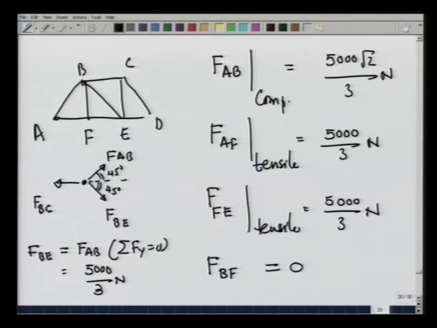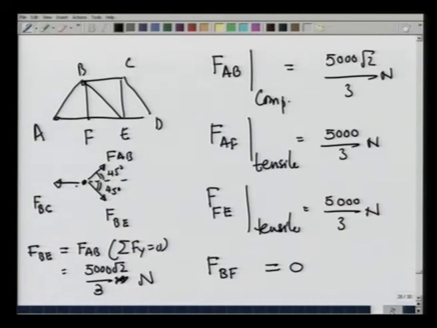The x component of FBC balances the x component of FAB as well as FBE, and therefore, I can write right away that FBC must be twice the x component of FAB, or FBE.